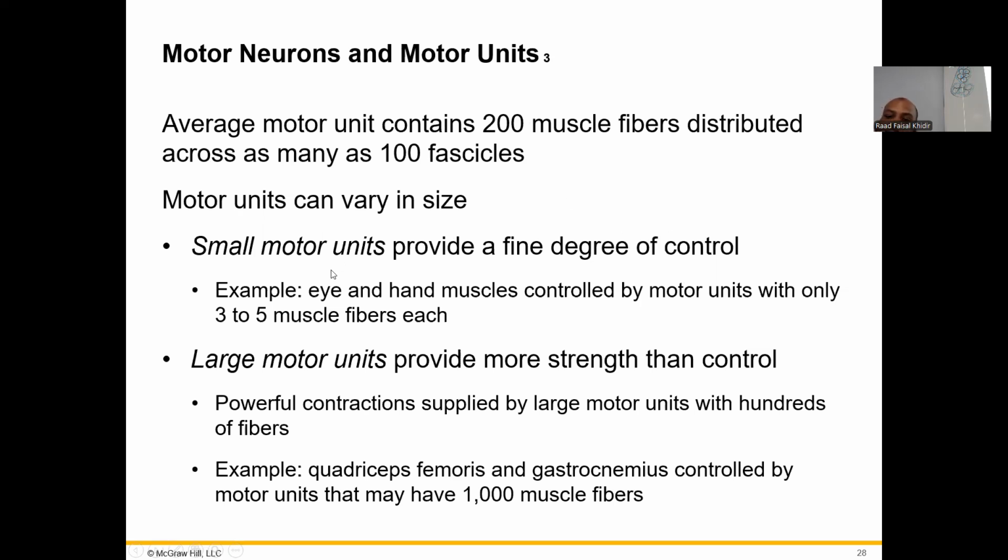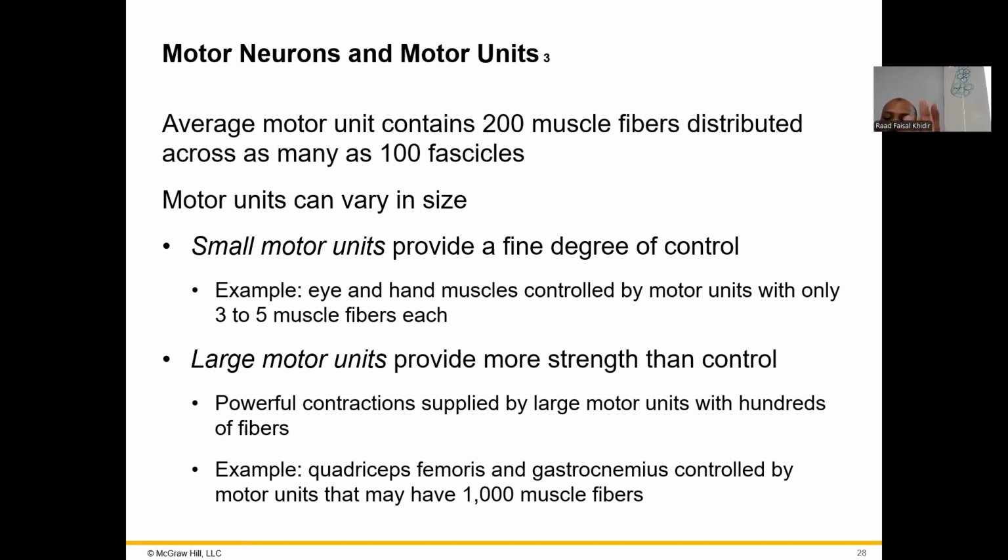For example, in the eye and hand muscles, these are controlled by motor units with only 3 to 5 fibers, so each nerve is innervating only 3 to 5 fibers. In the larger motor units, we provide more strength than control.